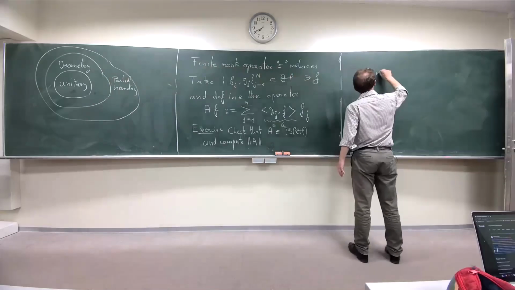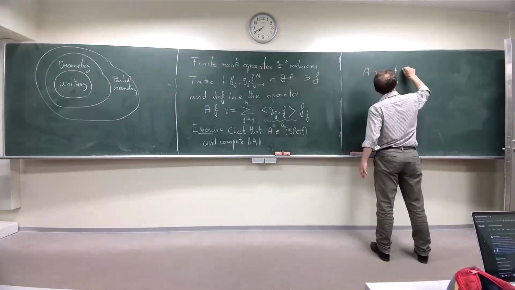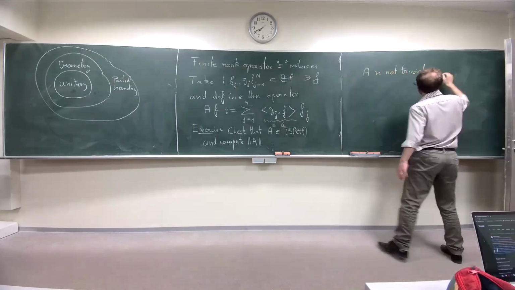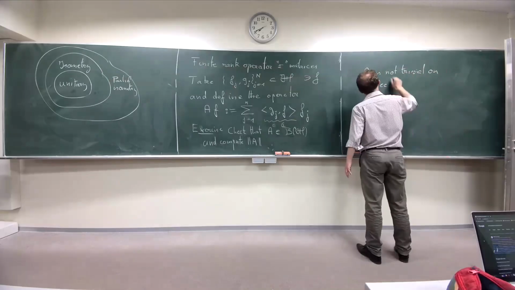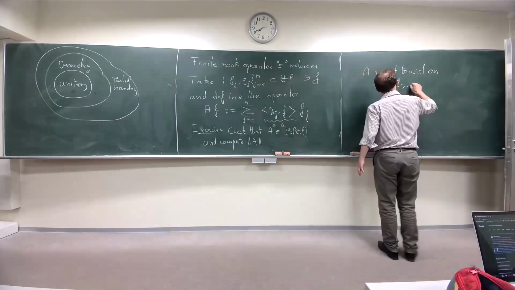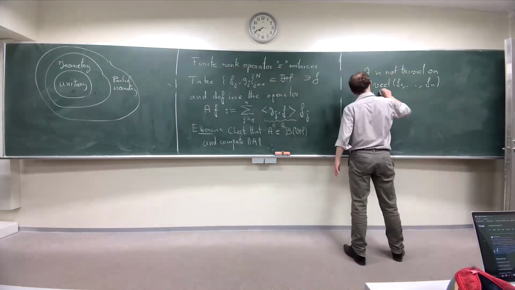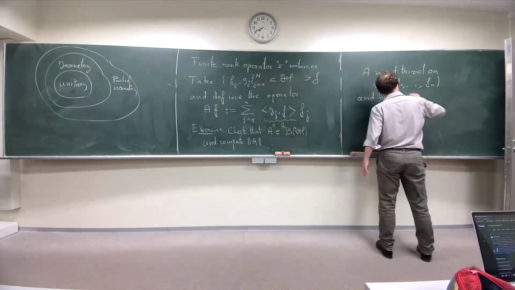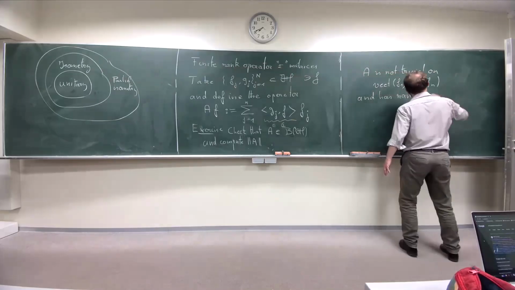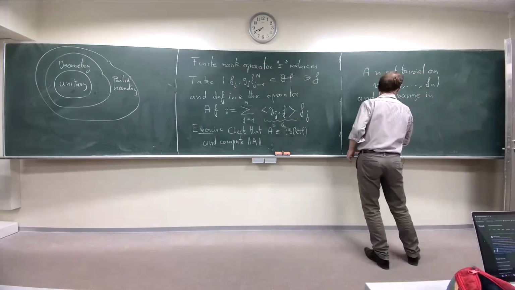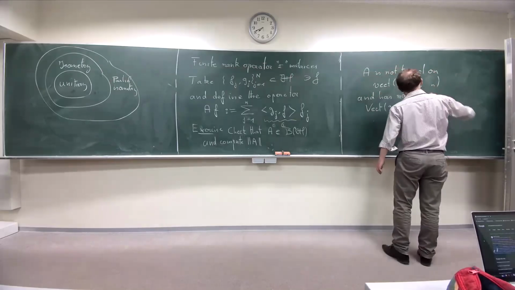So you can think about it. A is not trivial. Not trivial means not 0 on the vector space of G1 up to Gn, and has range in the vector space of F1 up to Fn. Oh no, sorry, the opposite.